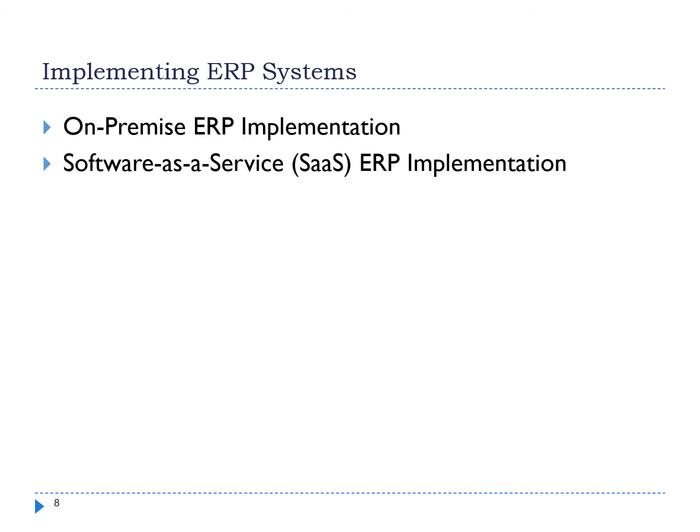How do you implement and use ERP systems in your organization? Well, there are two major ways. You can either use on-premise software or you can use software as a service. On-premise software means that you buy an ERP package, put it on the computers and servers in your organization, and run it there.